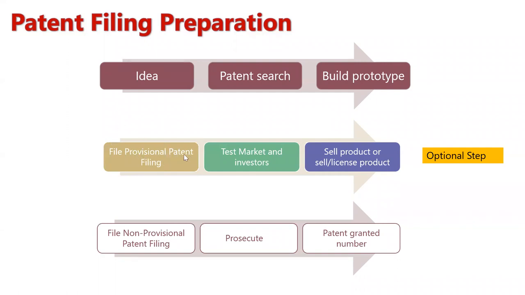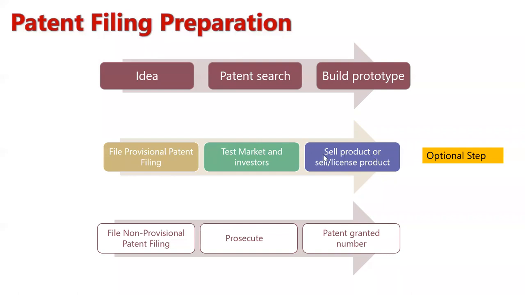This provisional patent allows us to complete all these steps in 12 months. Once a person files the provisional patent, they can float their product for testing in the market and approach investors. Once it is confirmed, they can sell the product.